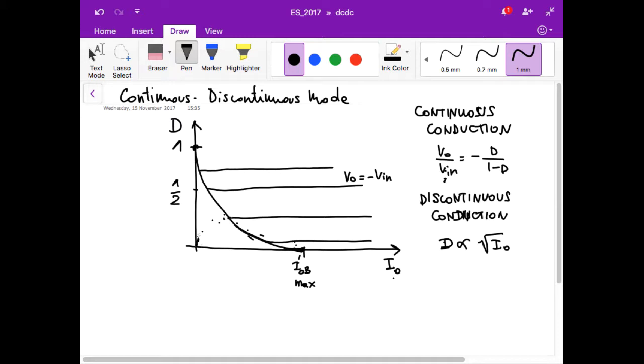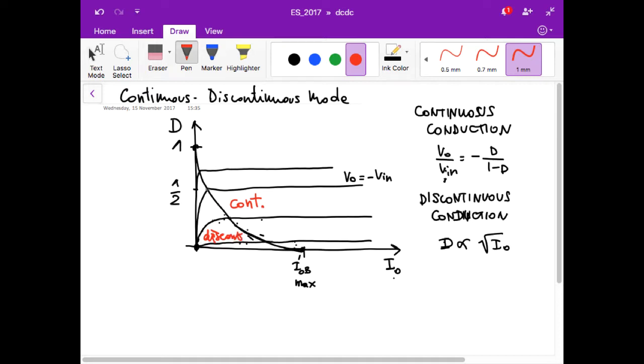So I will have something like this. These are curves that have the shape of a square root, all pass through the origin, and of course are connected to the proper horizontal line at the boundary between continuous and discontinuous conduction. So this is continuous conduction, and this is discontinuous conduction.